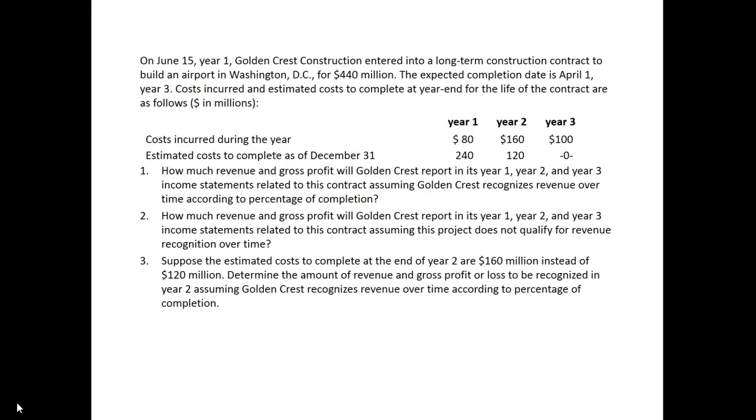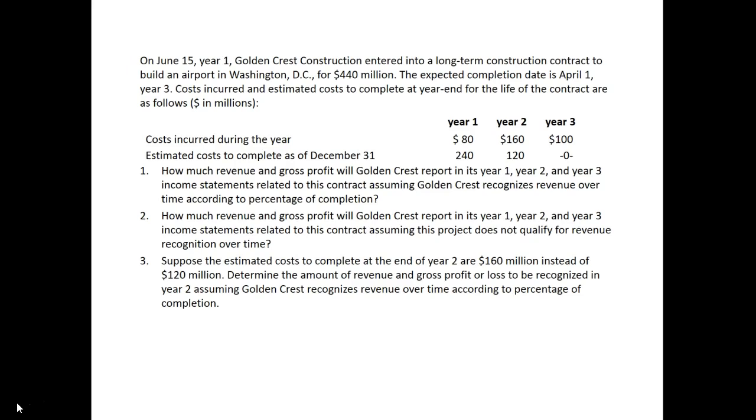Costs incurred and estimated costs to complete at year end for the life of the contract are shown in millions. So costs incurred during the year, $80 million, $160 and $100. The estimated cost to complete at the end of year 1, $240, year 2, $120, and year 3, $0.